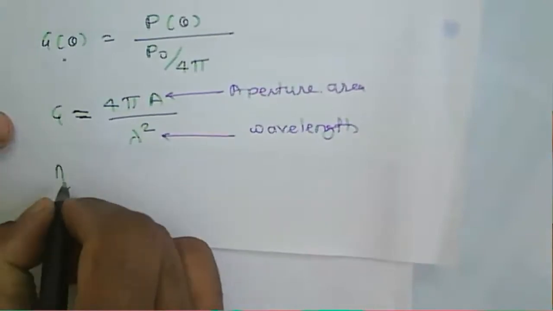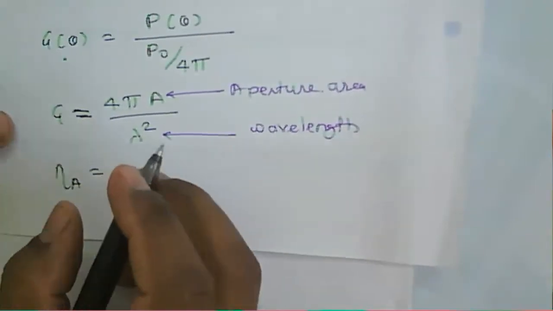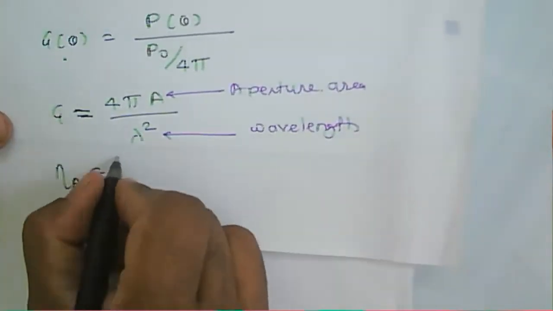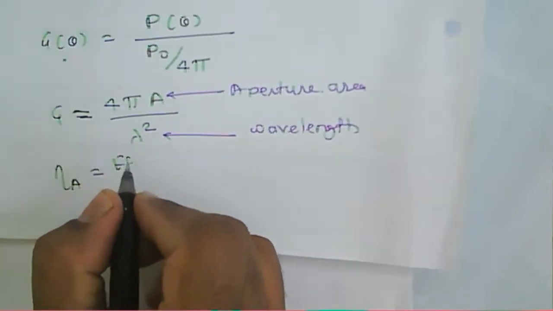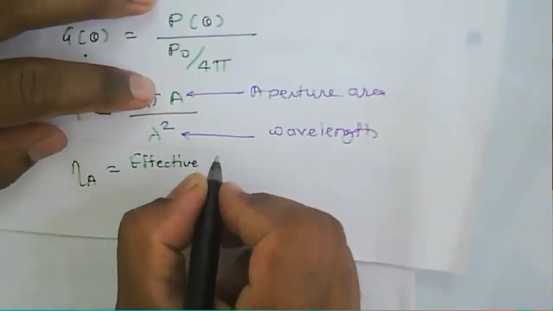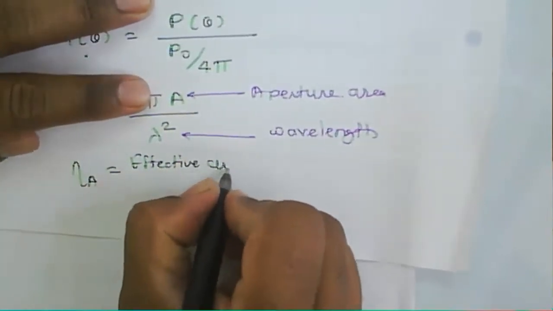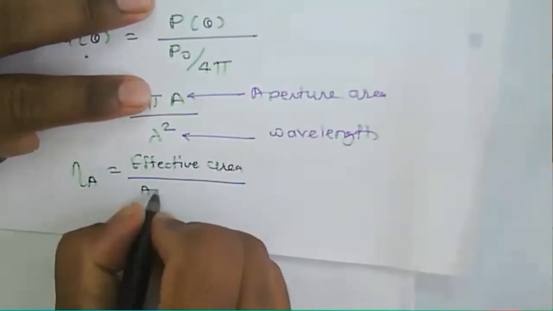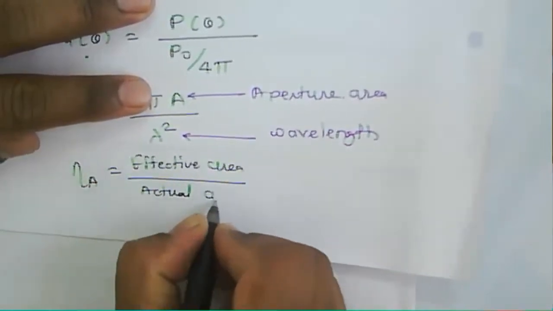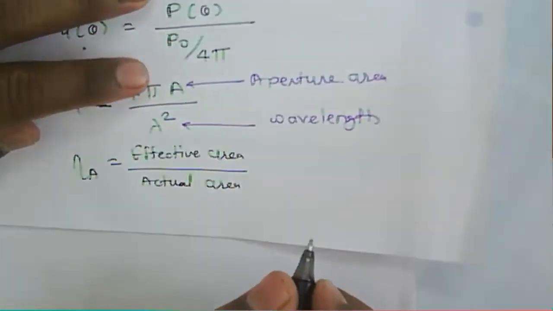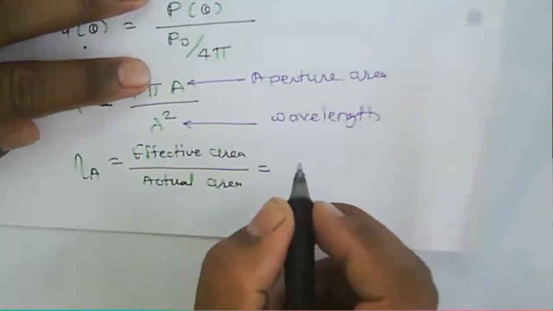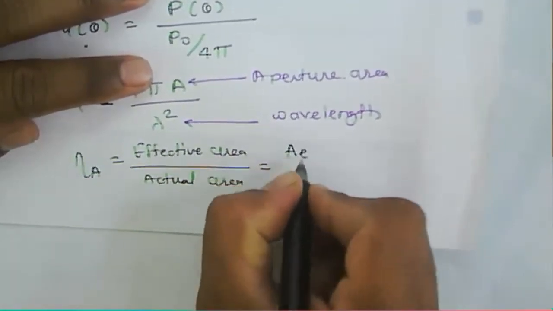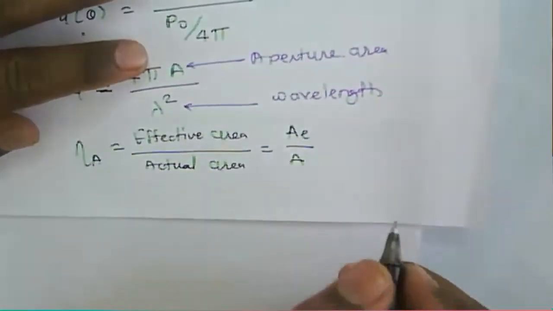So that's why the efficiency of an antenna depends upon what the effective area will be, and what the actual area of that antenna will be. So that will give us AE by A here.